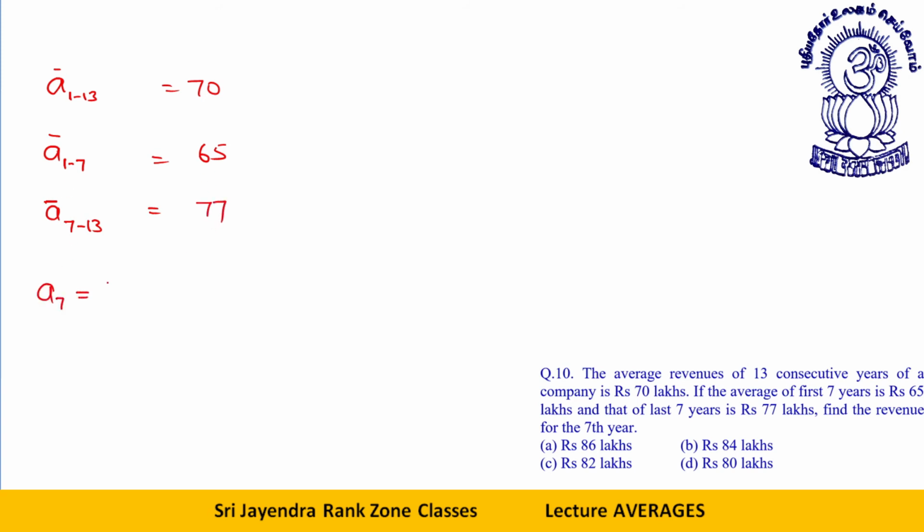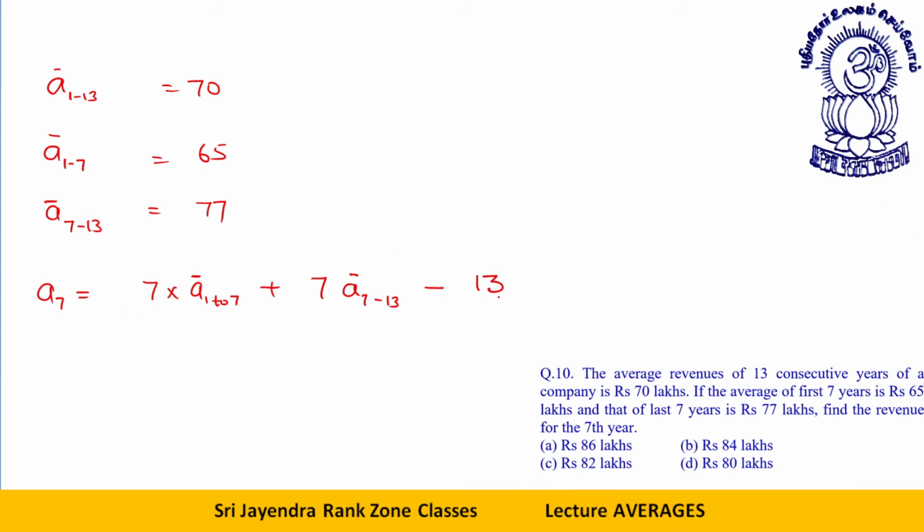How will you get this A7? You will get this by, see, these are 7 values, 1 to 7. 7 times A1 to 7 plus 7 times A7 to A13 minus 13 times A1 to 13.